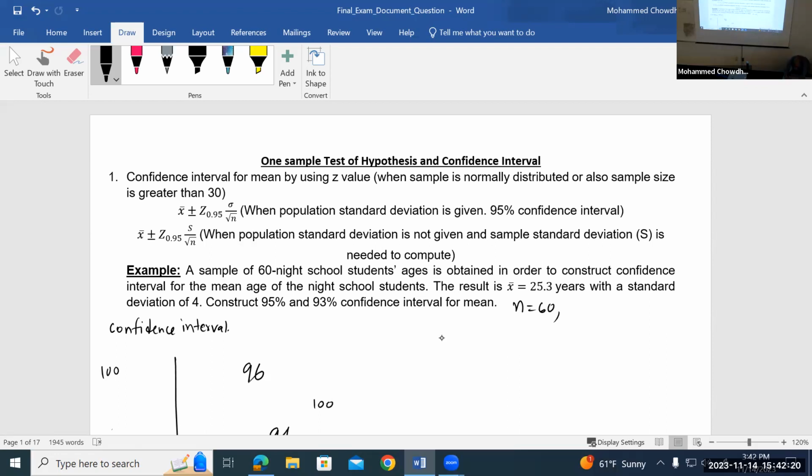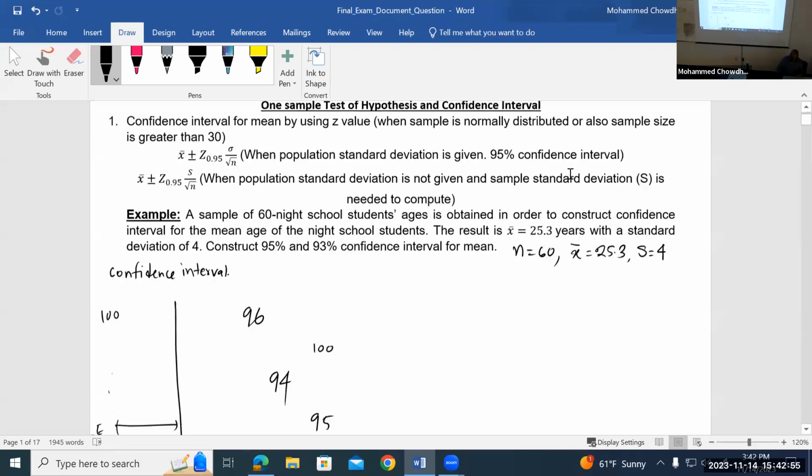The result is that the average age of the night school students is 25.3, with a standard deviation of 4, that means S equal to 4. Okay, these are the things given. Construct a 95% and 93% confidence interval. Clear, right? So now, first of all, I have to construct a 95% confidence interval.